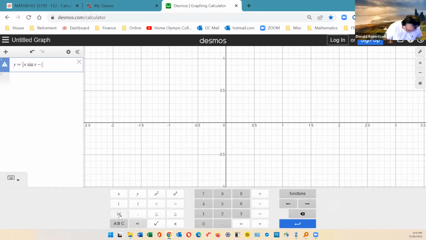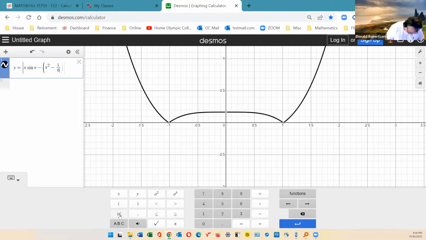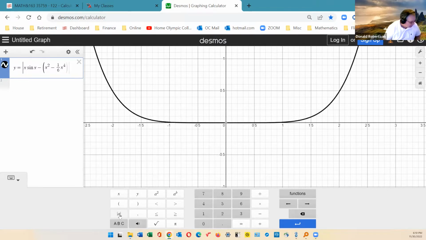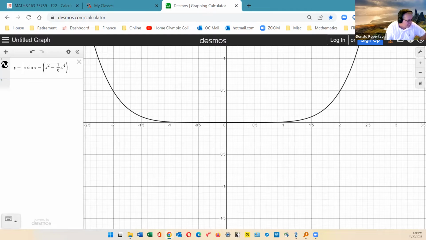Take away, put a bracket around it, x squared, this is me now doing T4 of x, minus 1/6 x to the 4. Finish my little bracket.